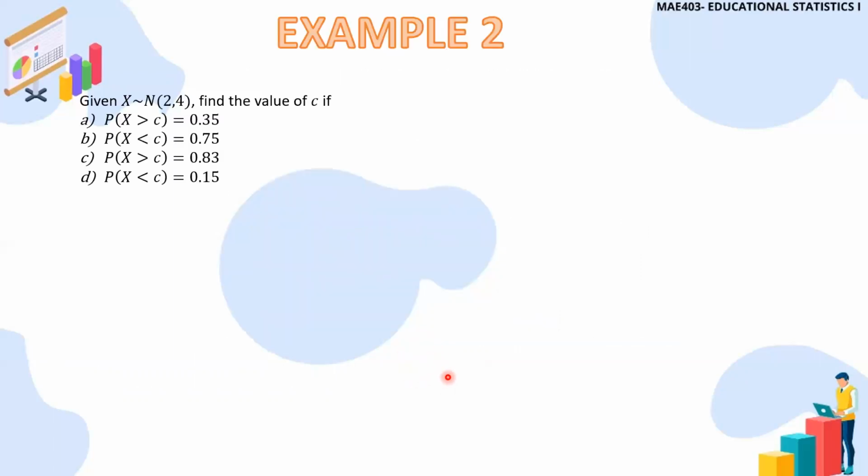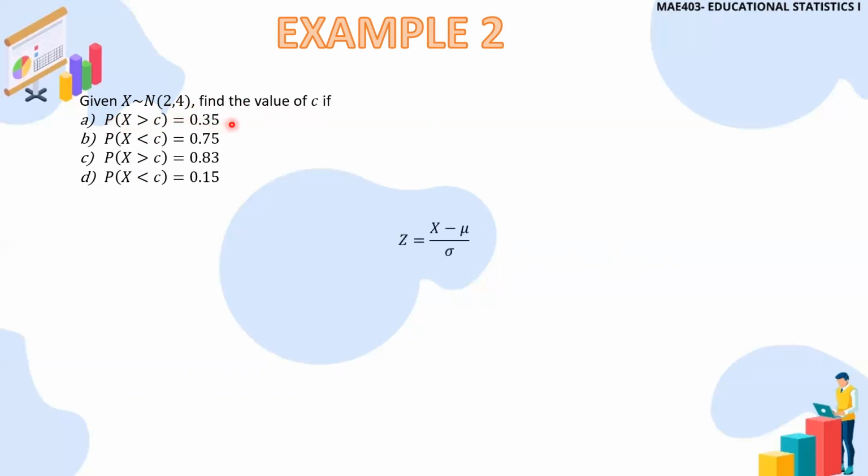Let's look into an example of how to find the value of C when you are given the probability. Let's say X is normally distributed with mean 2 and variance 4. You need to find the value of C if the probabilities are given.